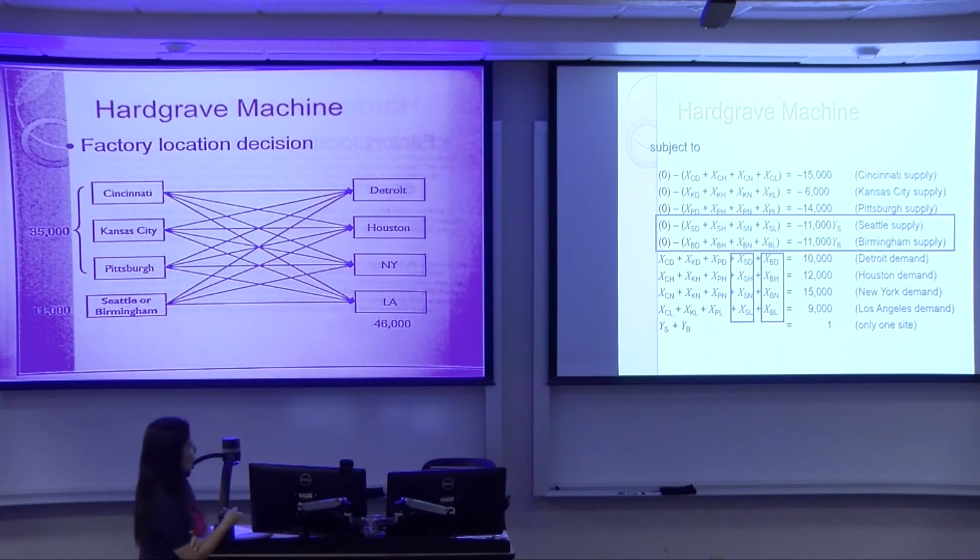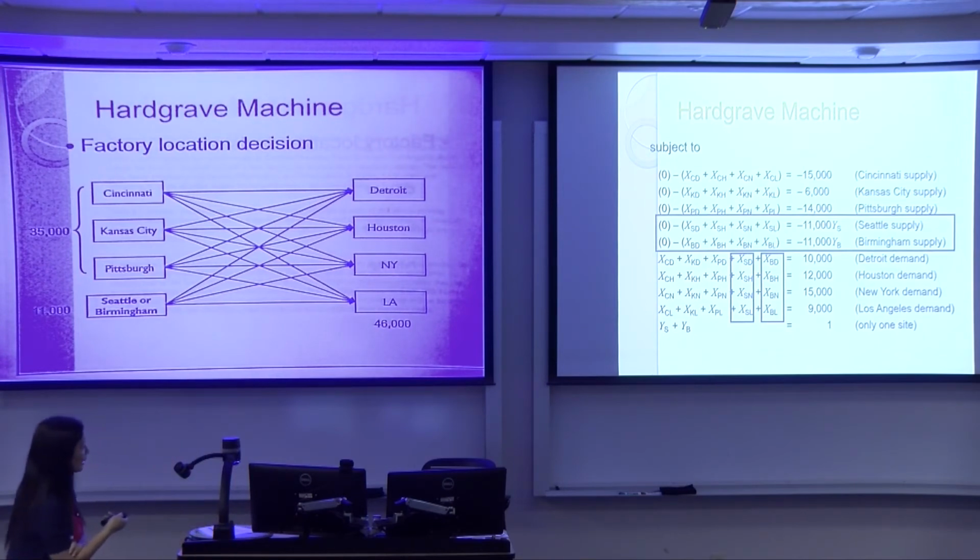So you have to add both XSD and XBD, okay? But at the end, do you think both of them, SD and BD, will have a positive value? Why not? Right, because we just choose one new facility.